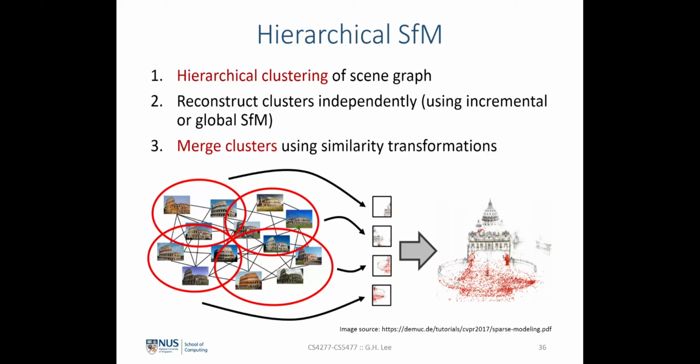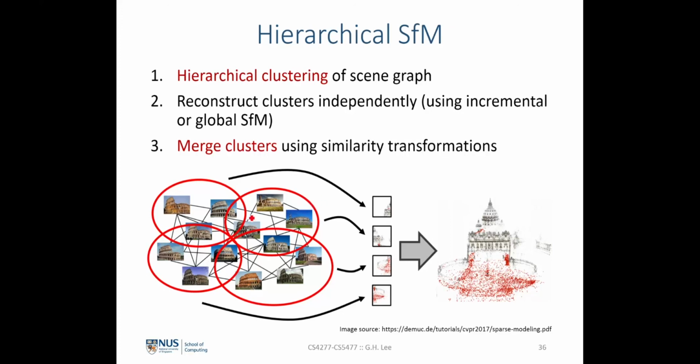The first thing we will do is, from the scene graph, do hierarchical clustering to get clusters of scenes that are closely related to each other. Each one of these clusters can be seen as a connected component.